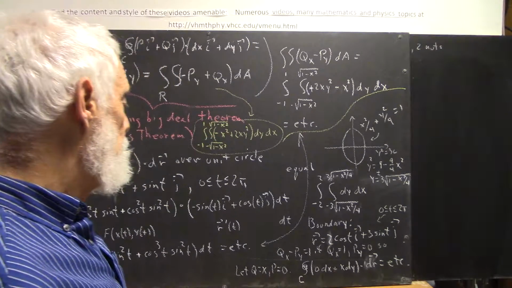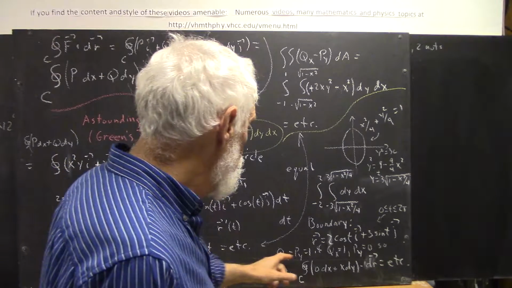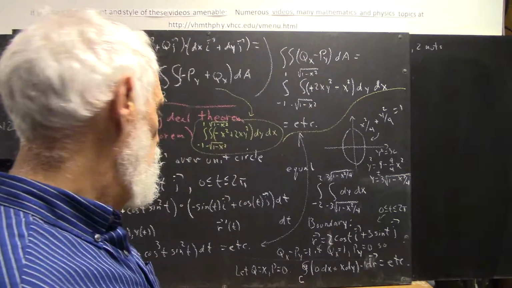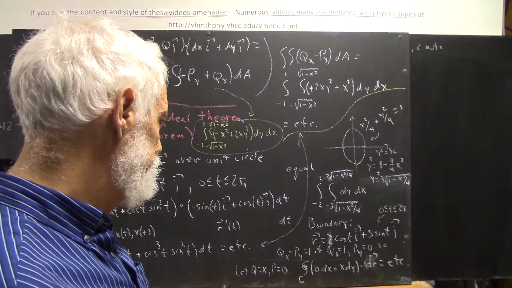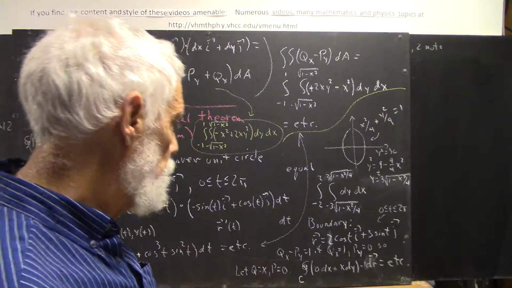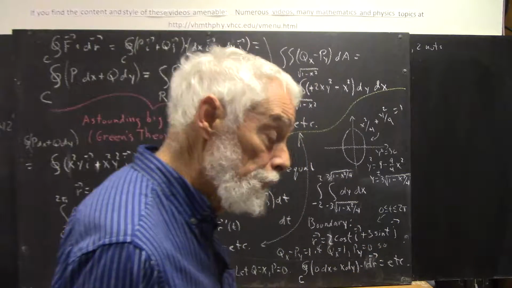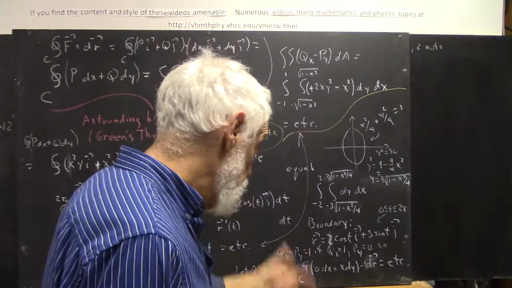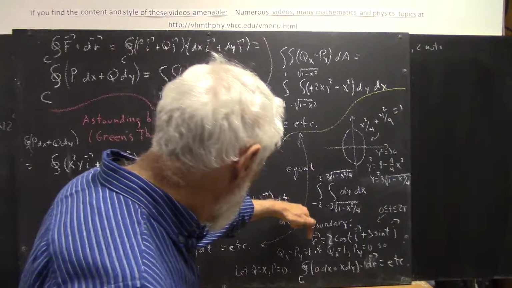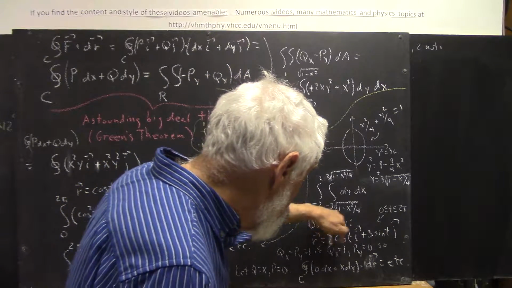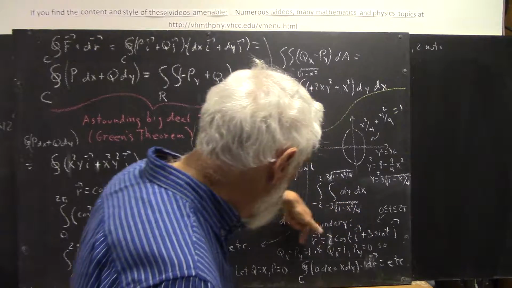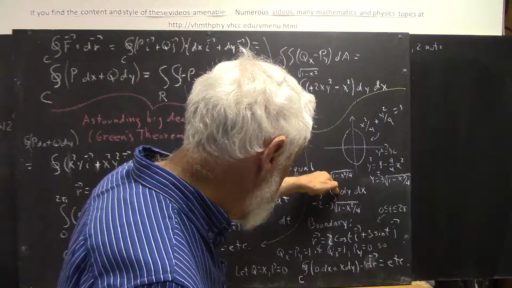Well, very simply, we get that really easily if q_x equals 1 and p_y equals 0. For a minute there I thought I'd written q equals 1, and that was not going to be right. So clearly, if q_x is 1 and p_y is 0, we have what we need here.